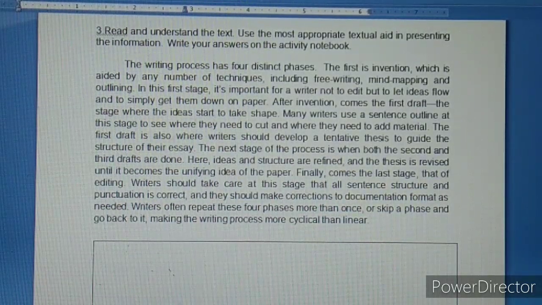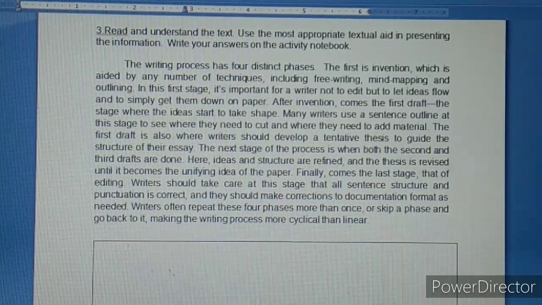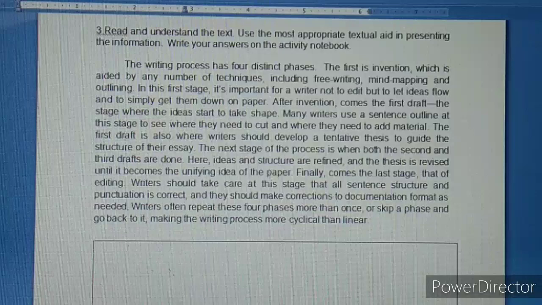Writers should take care at this stage that all sentence structure and punctuation is correct, and they should make corrections to documentation format as needed. Writers often repeat these 4 phases more than once, or skip a phase and go back to it, making the writing process more cyclical than linear.